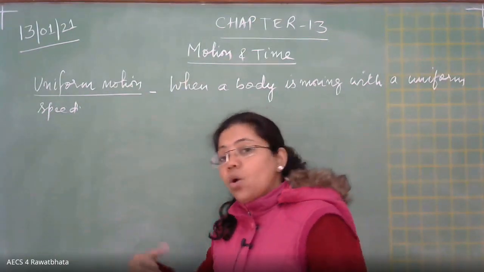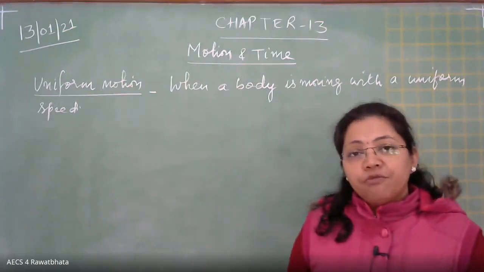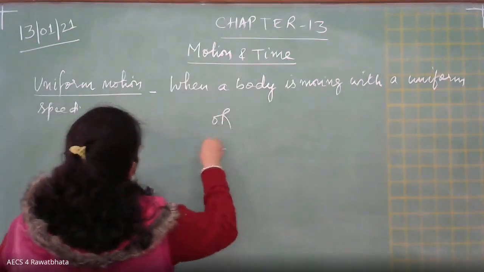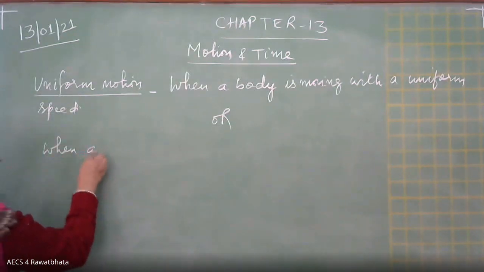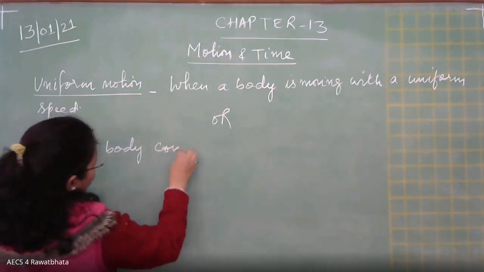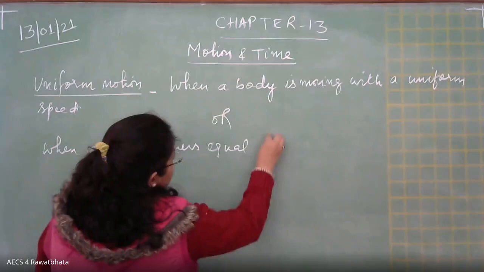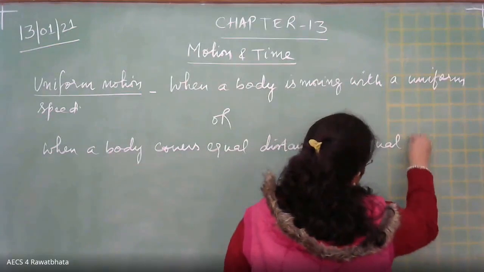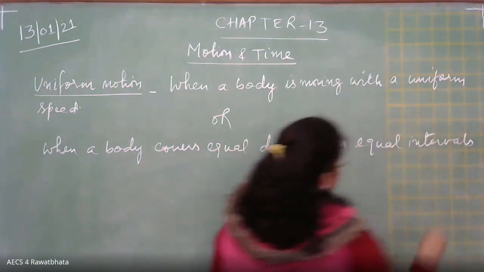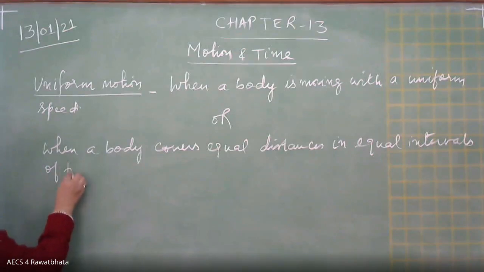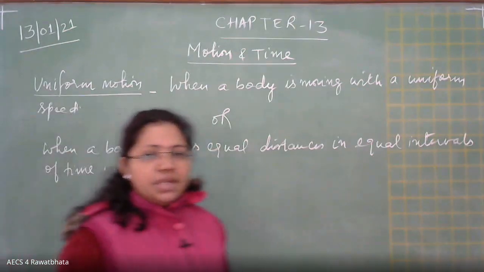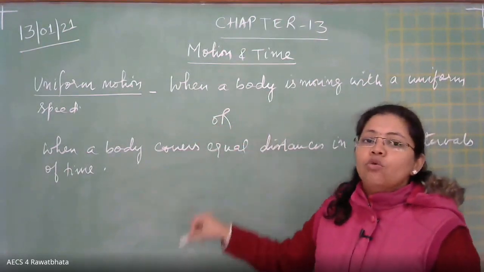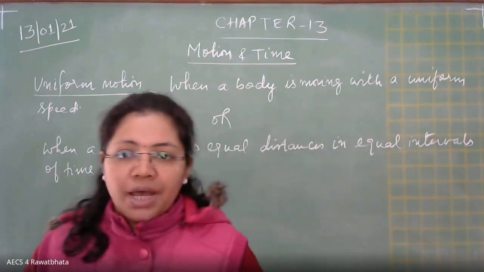Or we can also define it in the same way that we defined uniform speed: when a body covers equal distances in equal intervals of time, then this body is said to move under uniform motion, right?